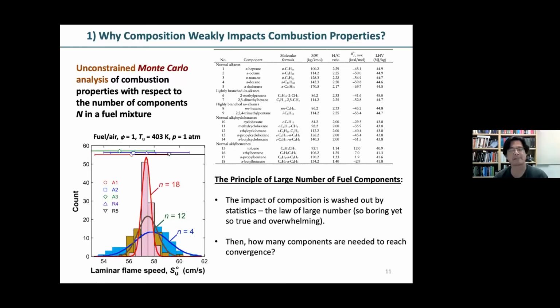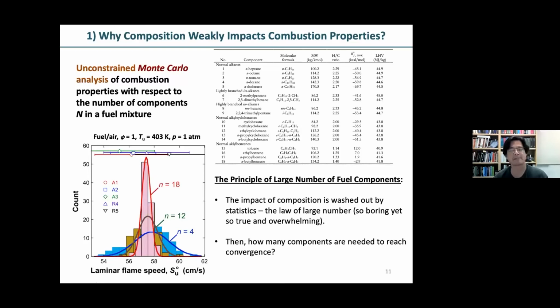Combustion. Now, then conditions. And we'll do statistics on them. Laminar flame speed of few components, again, randomly selected between 2 components, 4 components, all the way to 18 components. What you see here is, this is again the Monte Carlo sampling. The solid line is the mean, the dashed line is the standard deviation.